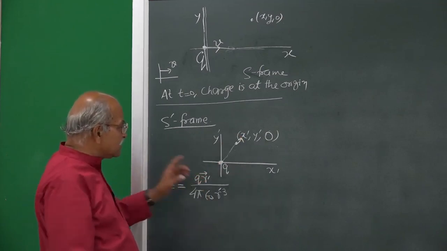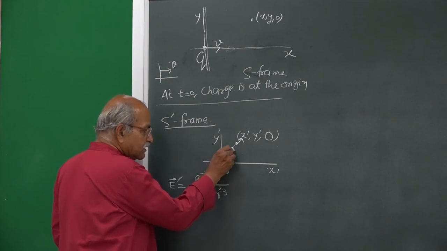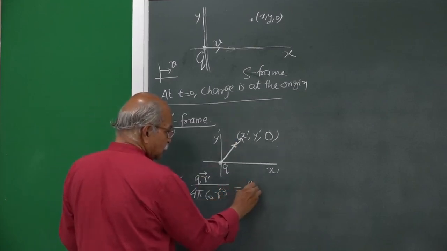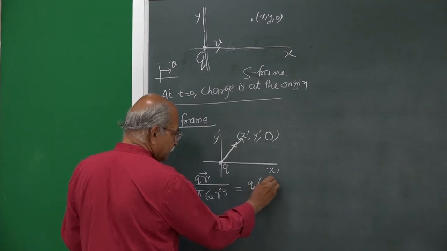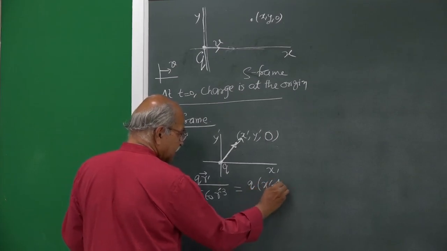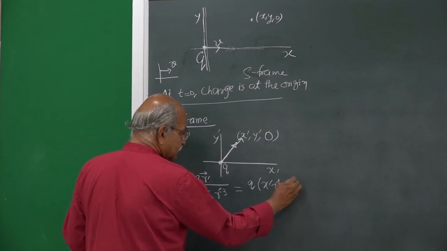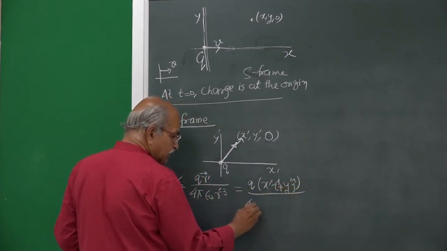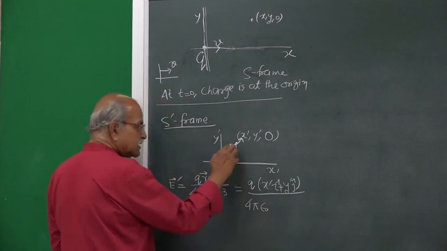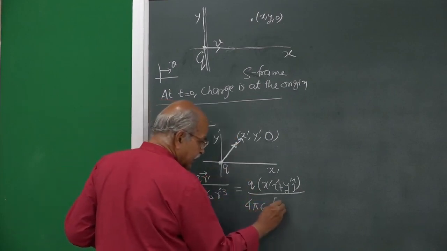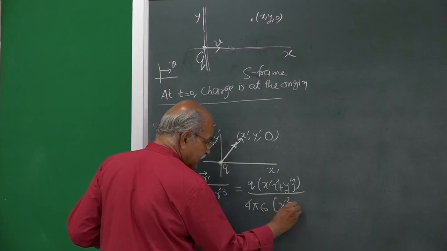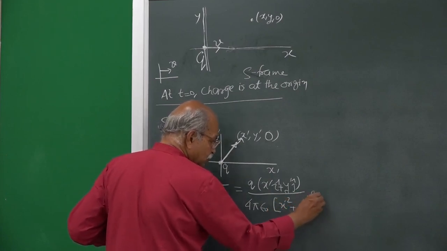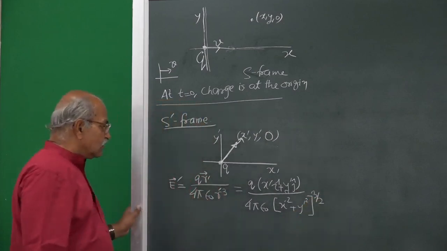This r prime vector is this position vector, which is nothing but q, x prime i cap plus y prime j cap, divided by 4 pi epsilon naught, and this distance is x prime square plus y prime square power 3 by 2, right.